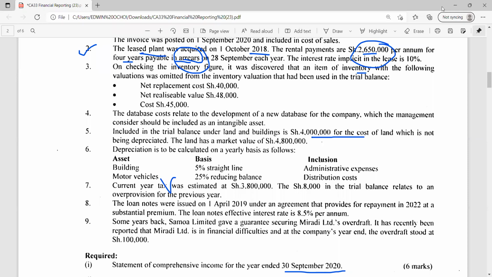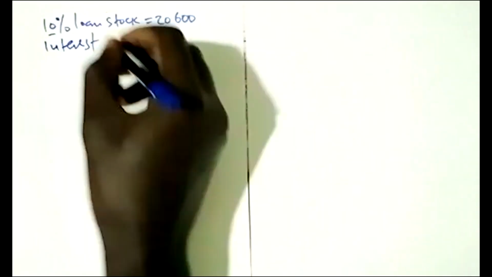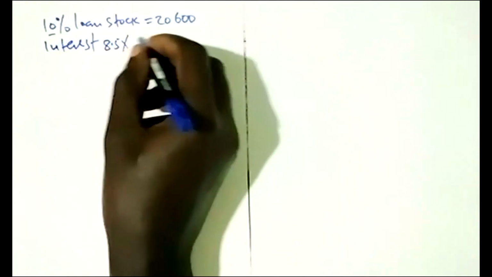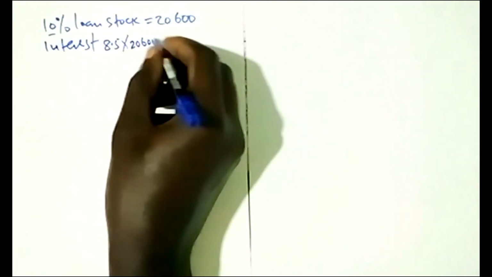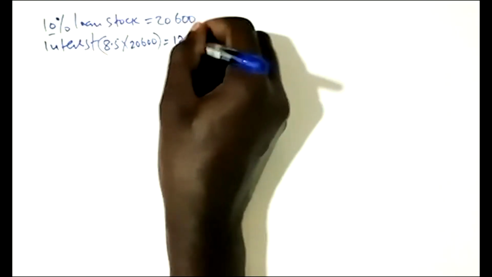The interest charged on this loan will not be on 10%, but the 8.5, which is the current effective rate. So if you take 2,600 times 8.5%, you get 1,751.